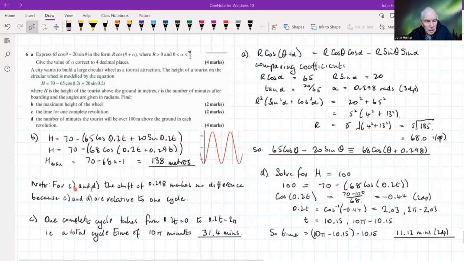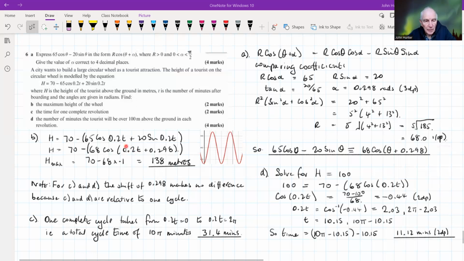Okay, so we've written here for C and D, the shift of 0.298 makes no difference because C and D are relative to one cycle. Okay, so I've made things a bit easier for ourselves then. One complete cycle takes from 0.2t is 0 to 0.2t equals 2 pi. Why is that? Because forgetting about our shift, where this is 0 to where it is equal to 2 pi is one complete cycle.